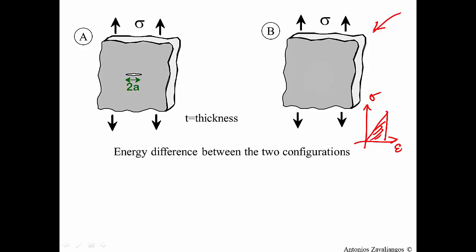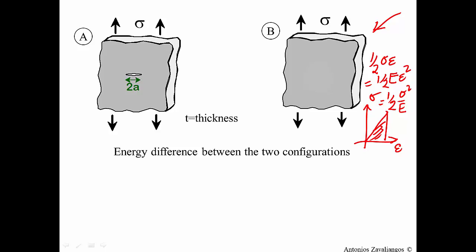And if you do a quick calculation here, that will be 1/2 sigma times epsilon, or 1/2 the Young's modulus times epsilon squared, or 1/2 sigma squared over the Young's modulus.